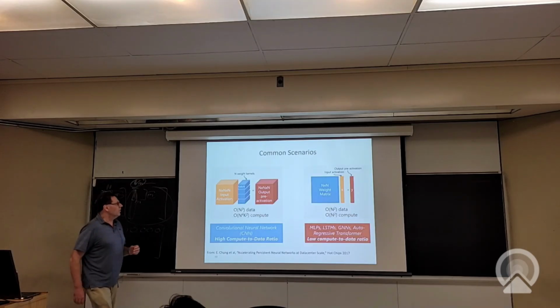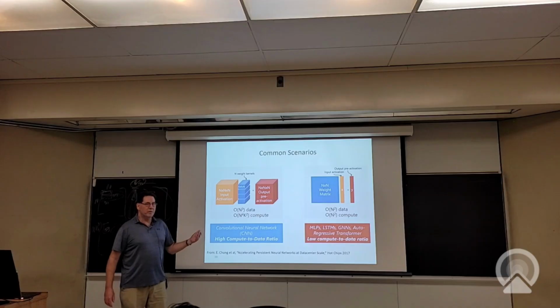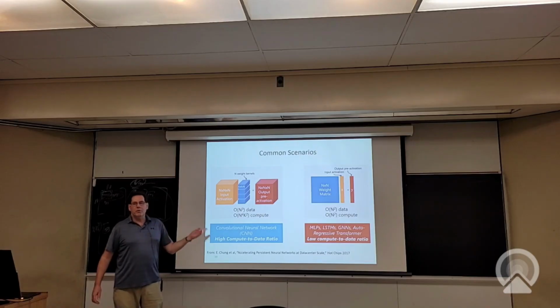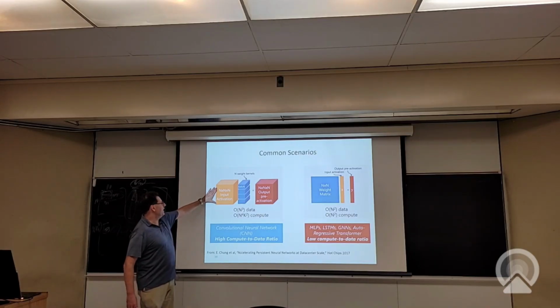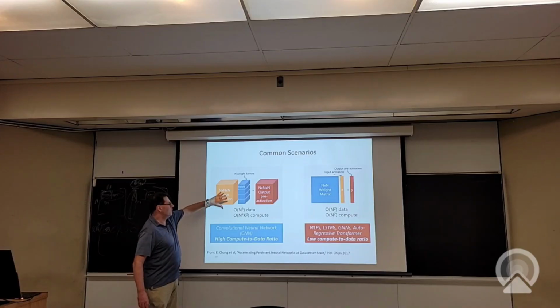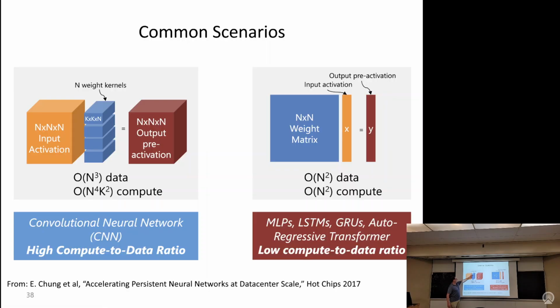Okay. The common scenarios when you're trying to make hardware to accelerate this: either I'm compute limited or I'm memory limited. Take a CNN; this is just a visualization I'm going to go through super fast. You've got an input activation, we apply kernels, doing a convolution across it, and we produce an output activation. Don't worry too much about all the dimensions. The key thing is that the compute is a lot more than the data.